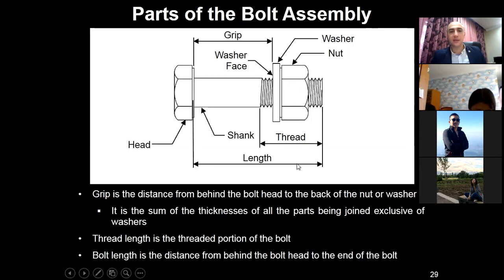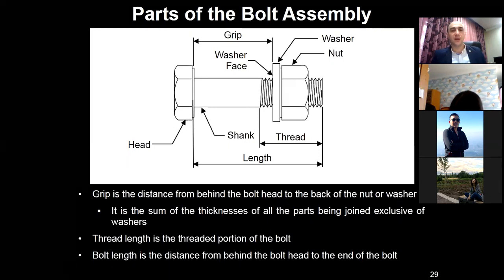So this is the total length of the bolt. This is the thread part of the bolt. The length of the thread part depends on the thicknesses of the elements which should be connected.